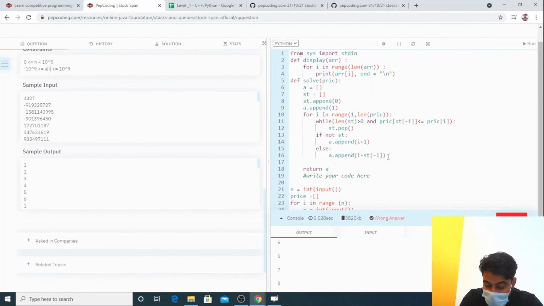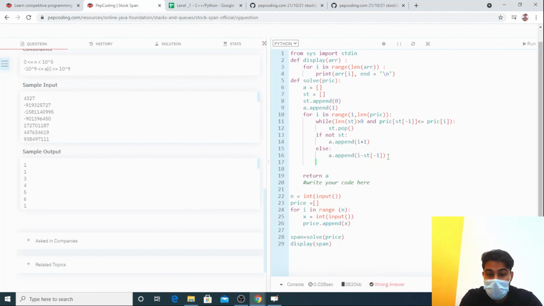One more thing, the most important step we forgot here. We know that our question is divided into 4 steps: getting the element from an array, comparing it with the top of stack, based on the comparison performing something, and the last thing is adding the currently executing element into the stack, and we have not added that element to the stack.